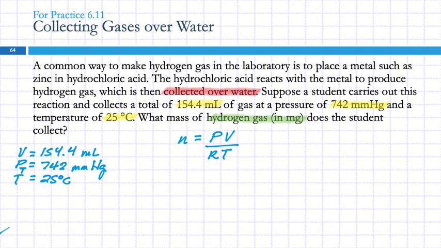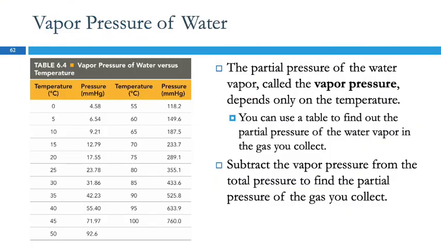So the pressure over here, that's the total pressure, and I want this to be the partial pressure of hydrogen. Well, I don't know what the partial pressure of water is at that temperature. We're going to go look it up. So the temperature is 25. So we can go to a table like this.